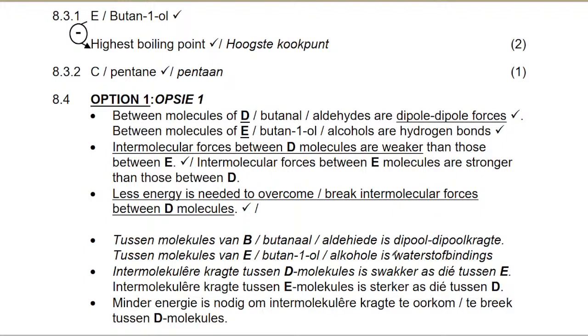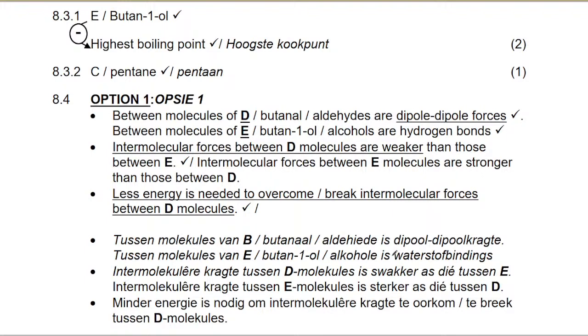The reason for that is because butan-1-ol has the highest boiling point of the 3. You must remember the 3 we are talking about are C, D, and E. So when you compare C to E, the E will have the lowest vapor pressure.